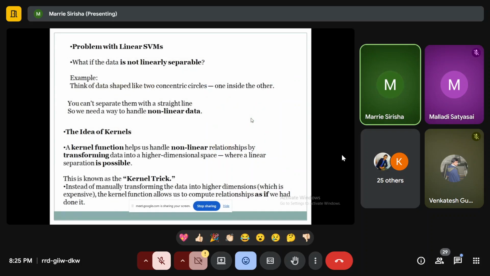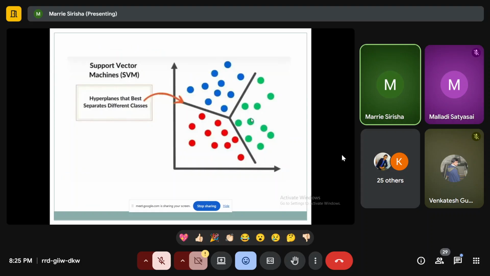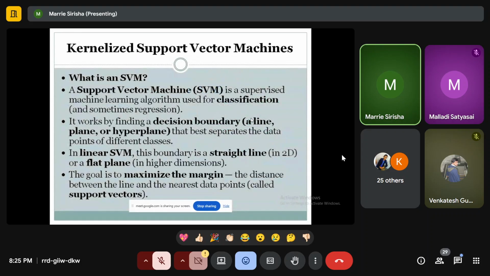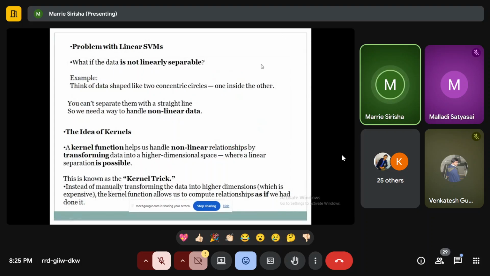Next. So, see what happens with the SVM. What problems are we facing with the SVM? Okay, I got linear, my line is linear, or it is a hyperplane. Then my algorithm is done correctly. But what if my data is not linearly separable?